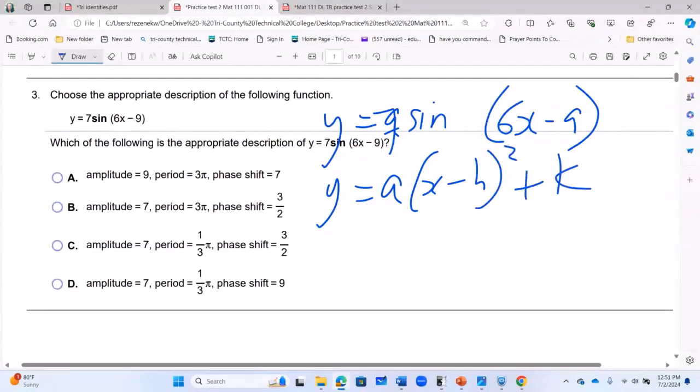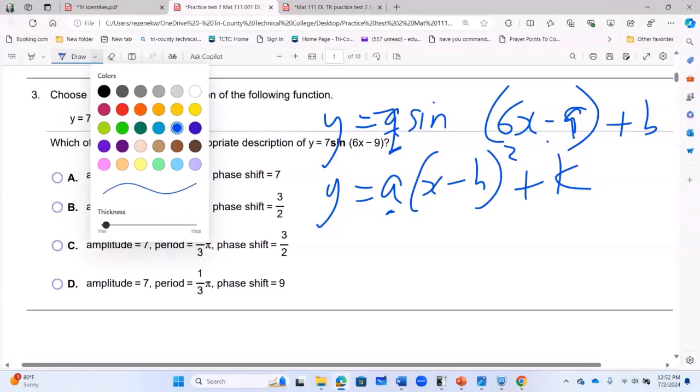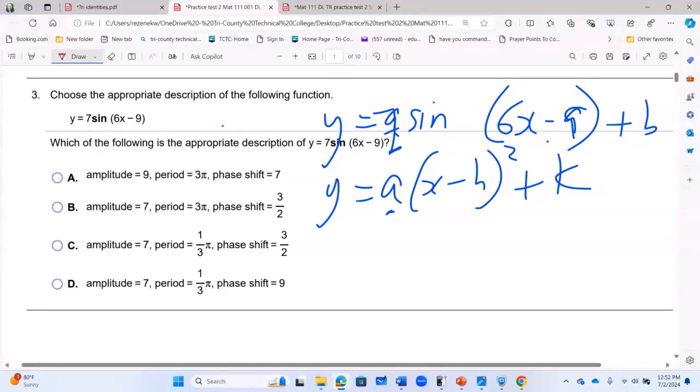So you are just going to be using transformation in vertex form of a quadratic equation, where your 7 here is the amplitude. And I don't have c, I don't have d, but this is the quantity in the middle. So let's call this one b. If I am told to explain this, I can find the period.